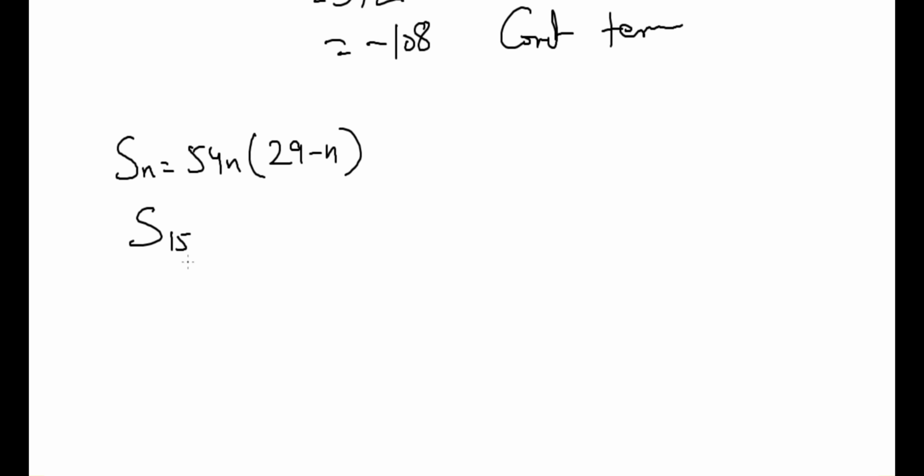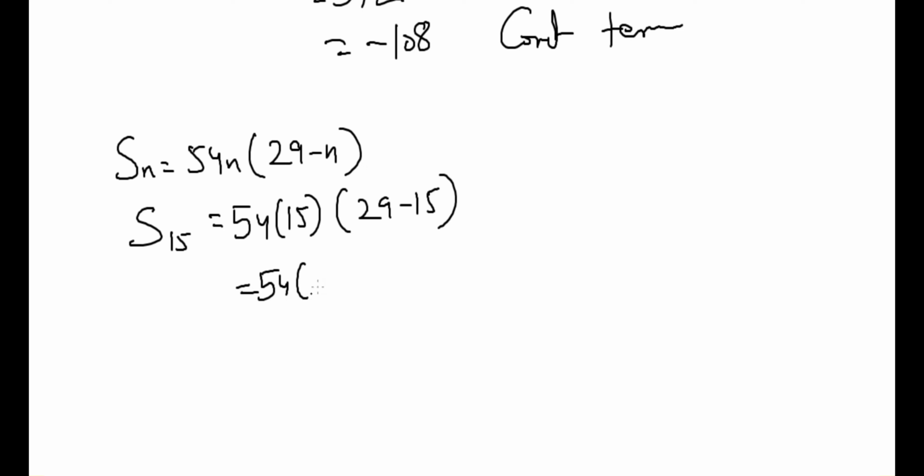Suppose S15, 54 times 15 times (29 minus 15). What will you get? 54 times 15 times 14, correct?